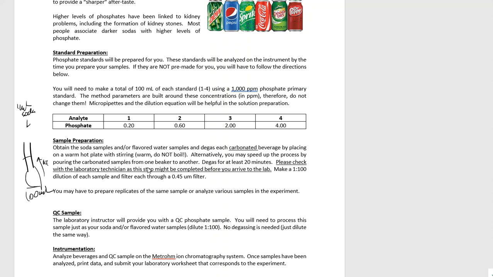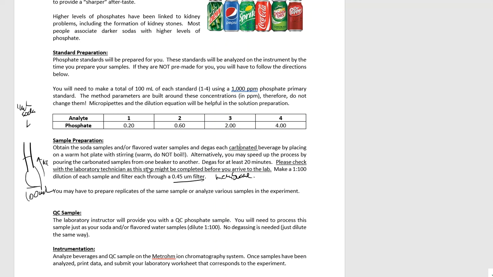Make sure that you do it accurately. You don't want to be above the line. You don't want to be below the line. All right? After you do this, you're going to give it a few mixes. Make sure it's all mixed really, really well. And then you're going to filter it using a membrane filter. That's very important because if you don't, it's going to stop up our instrument. And we don't want you to stop up our instrument.